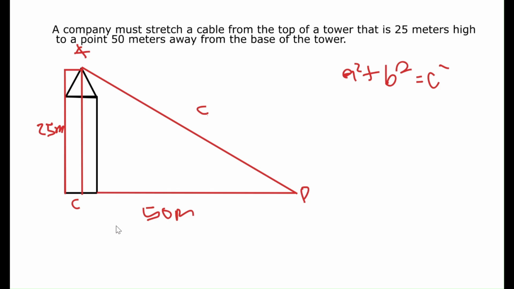This is c, this is a, and this is b. So a is 50 squared plus 25 squared is equal to c squared.